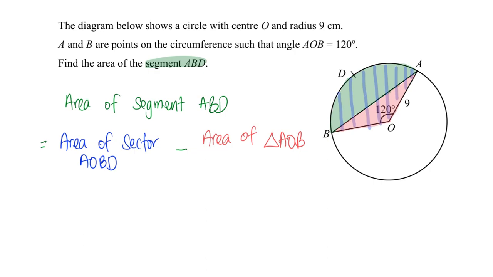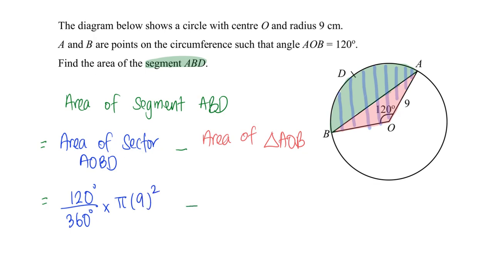Now the question is, how do we find it? Aha! I got radius and I got the angle. So the blue color area is simply 120 degrees divided by 360 degrees times pi r squared.